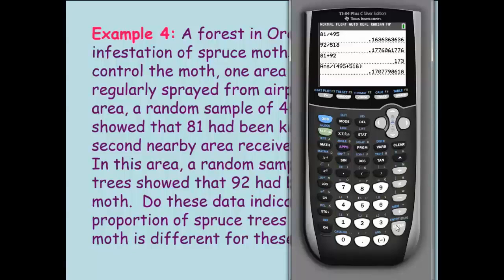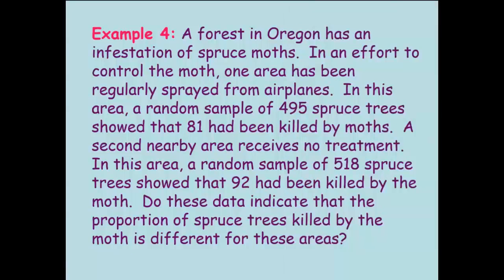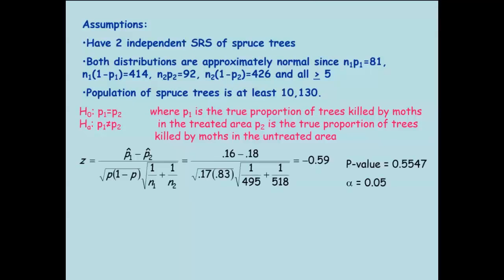That's where I'm getting the 0.17 from for the population. So that's this formula here. That's where I get the 0.17 from, by pooling the variances together. So 0.17, 1 minus 0.17 is 0.83, and then I have that lovely denominator there.